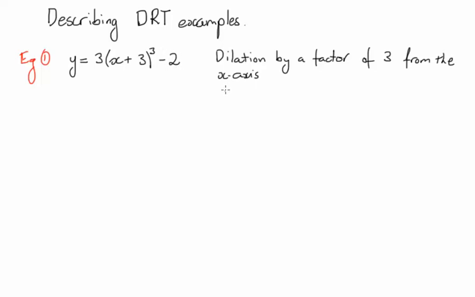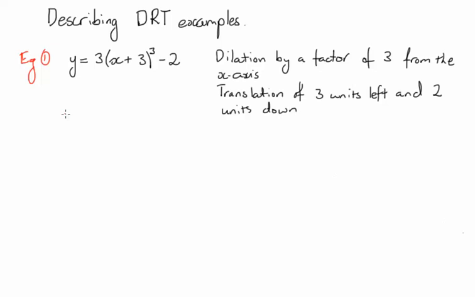So we can say that we have translation of 3 units left and 2 units down. So this sort of question can pop up on exams. They can ask you to list the transformations required to get from one graph to another graph, and you'd have to go through and list what's required to do that.